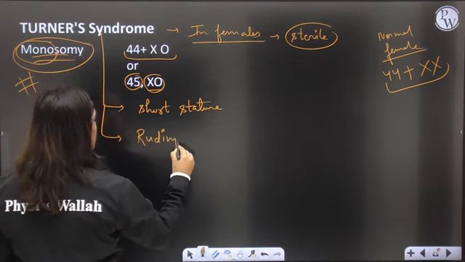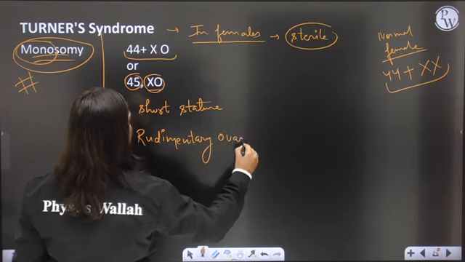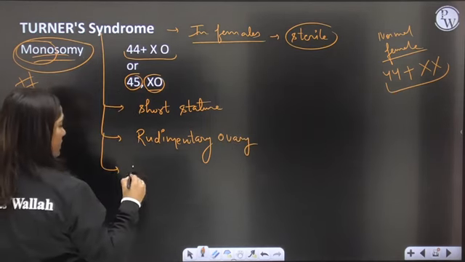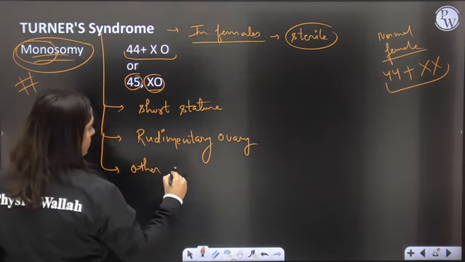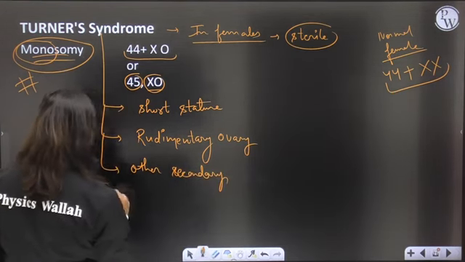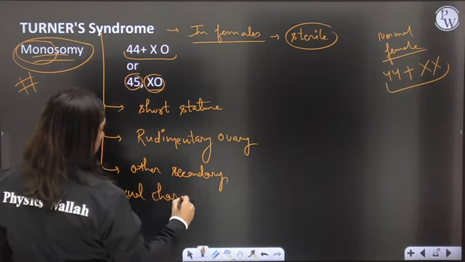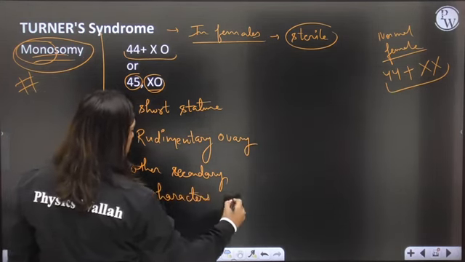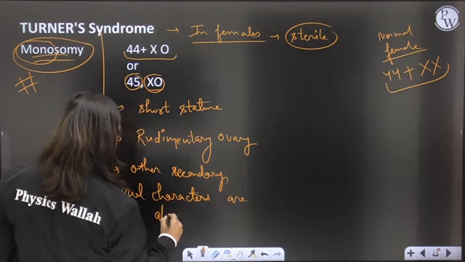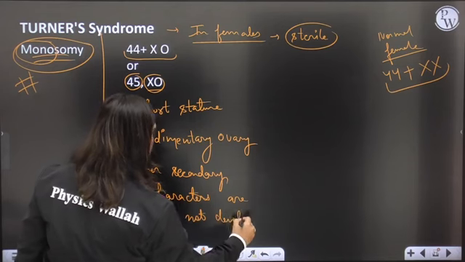Rudimentary ovaries means ovaries are not fully developed, and other secondary sexual characters are also not developed.